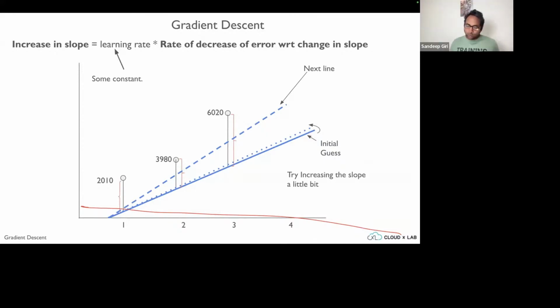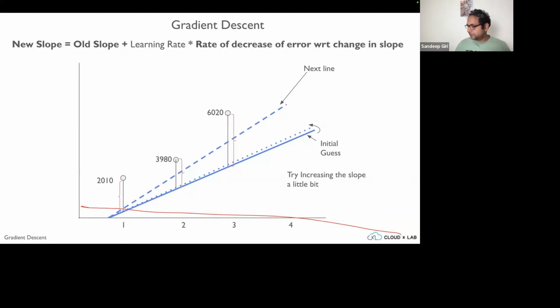Okay, let me show you the next formula. I think the next formula will make it much easier. New slope is equal to old slope plus some learning rate multiplied by the rate of decrease in error with respect to the slope.